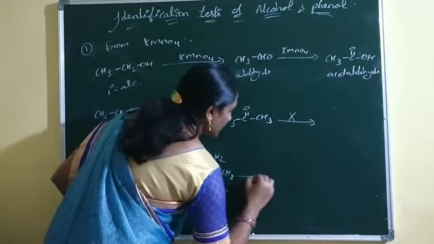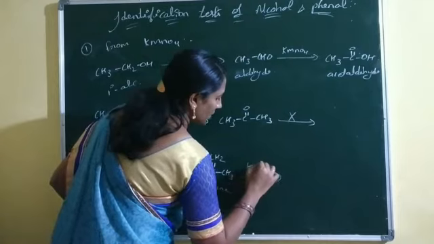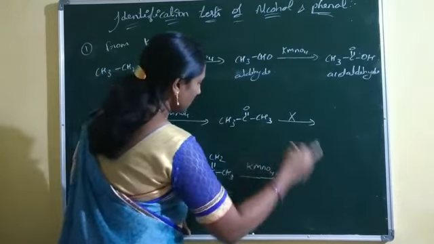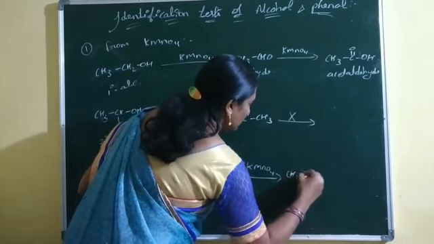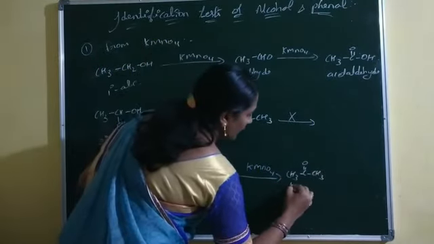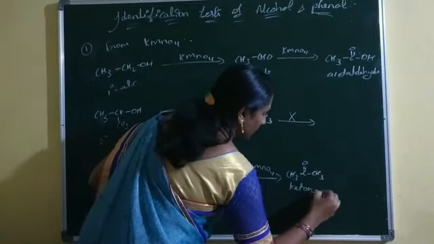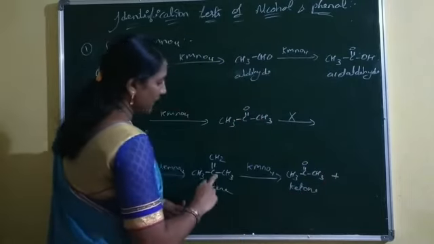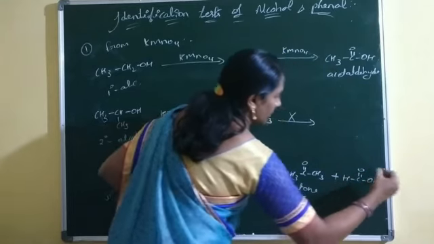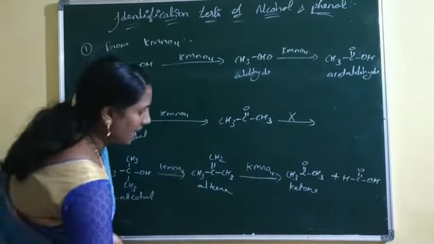Now this alkene undergoes further reaction with KMnO4. The alkene group turns to ketone functional group, with byproduct formic acid.